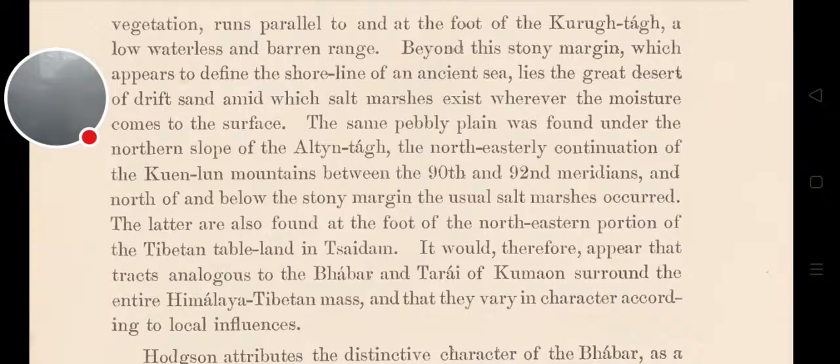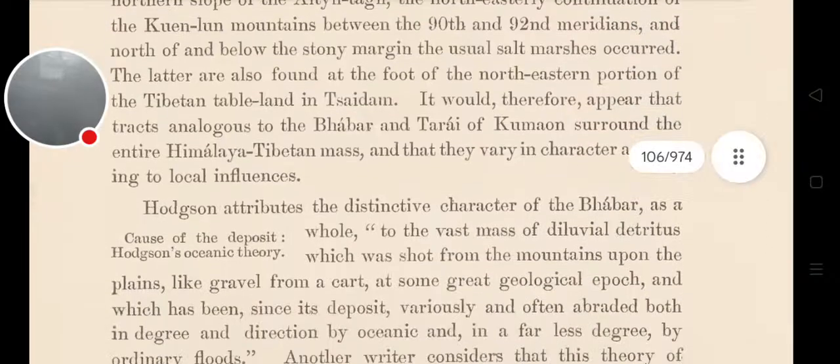waterless, and barren range. Beyond this stony margin, which appears to define the shoreline of an ancient sea, lies the great desert of drift sand, amid which salt marshes exist wherever the moisture comes to the surface. The same pebbly plain was found under the northern slope of the Altin Thag, the northeasterly continuation of the Kunlun Mountains between the 90th and 92nd meridians, and north of and below the stony margin, the usual salt marshes occurred.